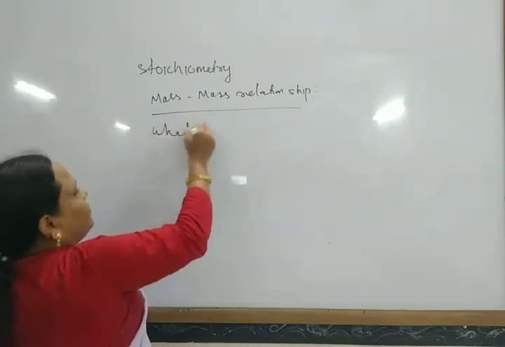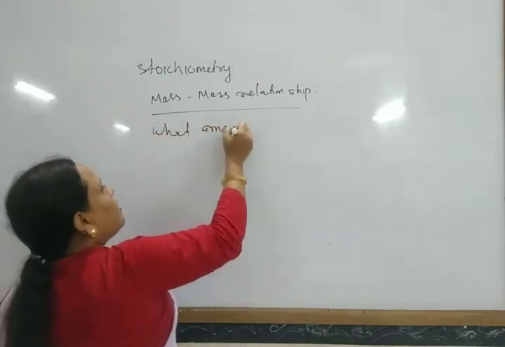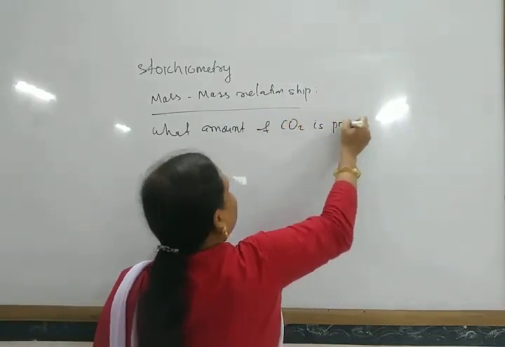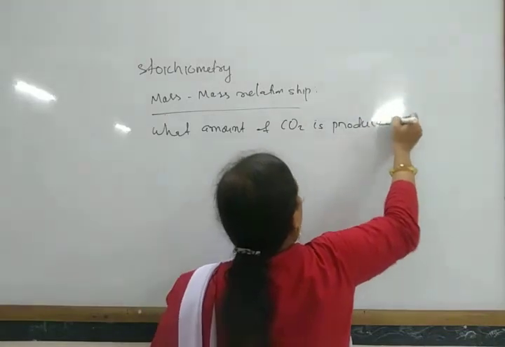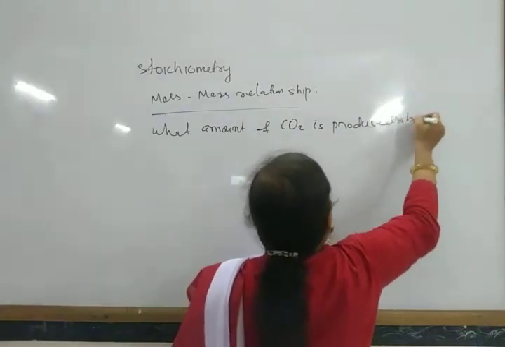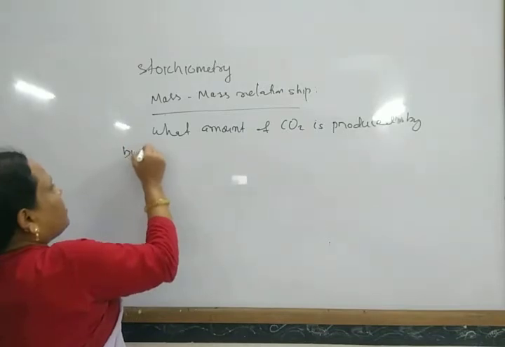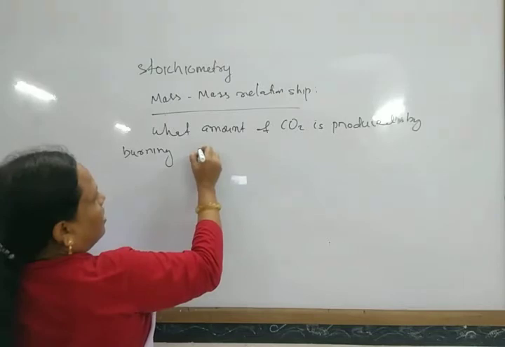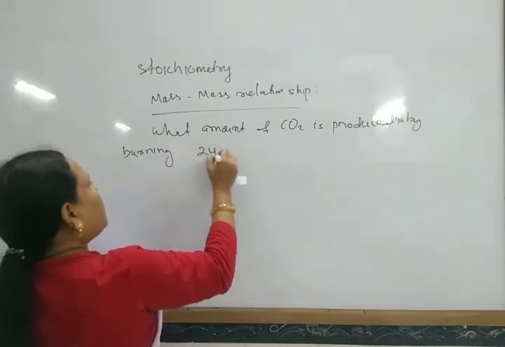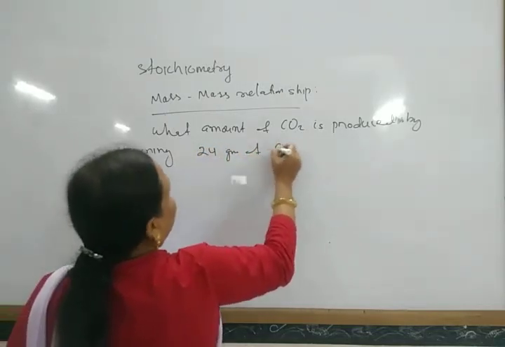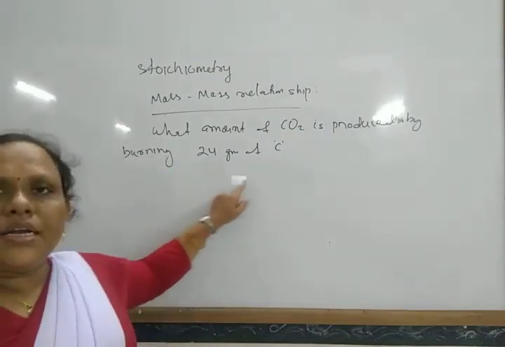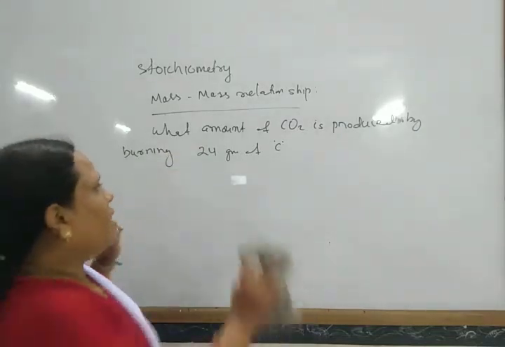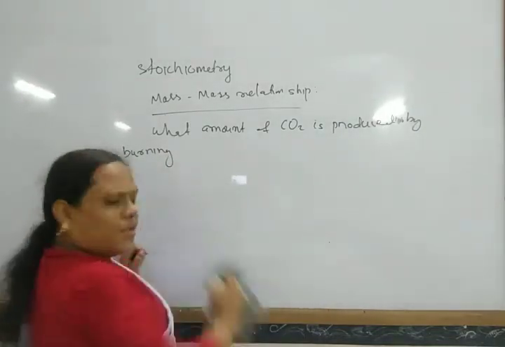What amount of carbon dioxide is produced by burning, suppose, 24 gram of carbon? In this way you have to solve. I have given the first question.